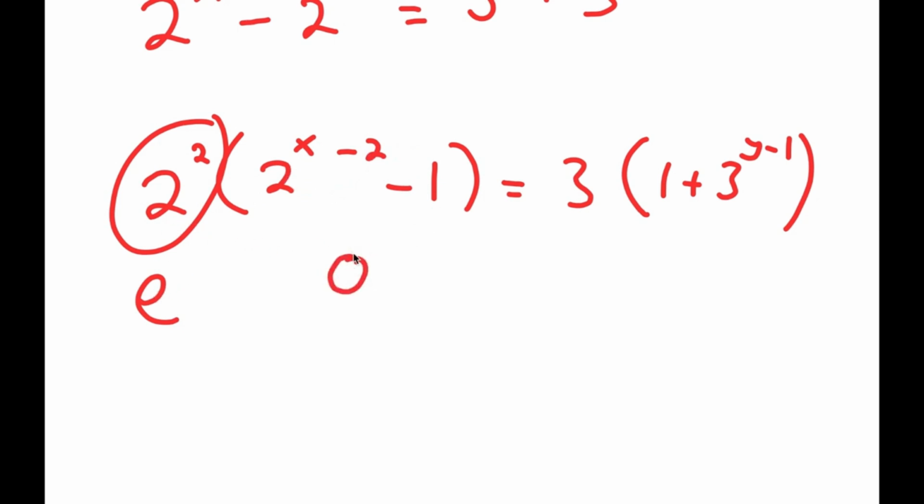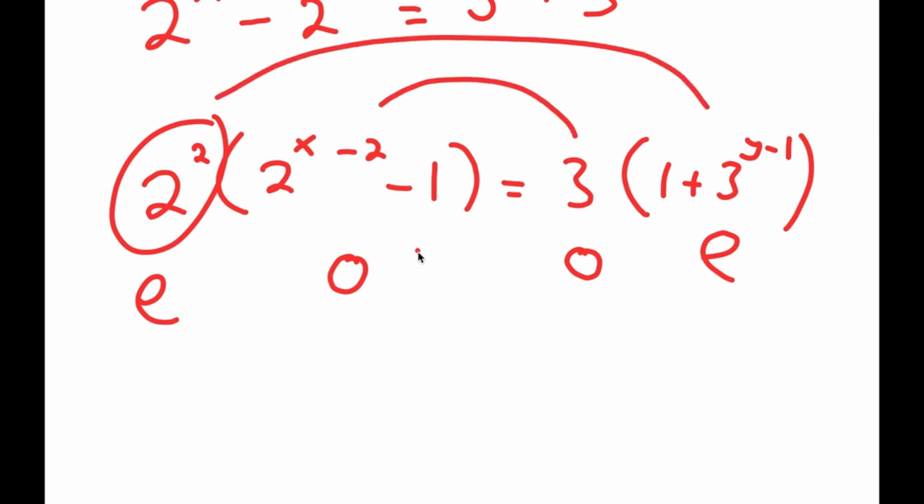So we have an even number times an odd number is equal to 3, an odd number, times 3 to the power of any number is an odd number, plus an odd number plus 1 is an even number. So you have an even number times an odd number is equal to an odd number times an even number. Now, what I'm going to do is set the odd numbers equal to each other, and then the even numbers equal to each other.